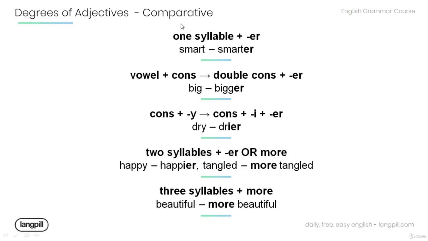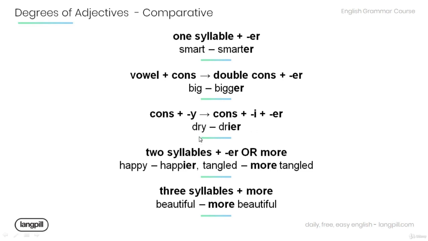Now, when an adjective has one syllable, we simply add er to form the comparative. For example, smart, smarter. And when an adjective ends with a vowel plus a consonant, we double the consonant and then add er. For example, big, bigger. And when an adjective ends with a consonant plus a y, we keep the consonant, then change y to i, and then add er.